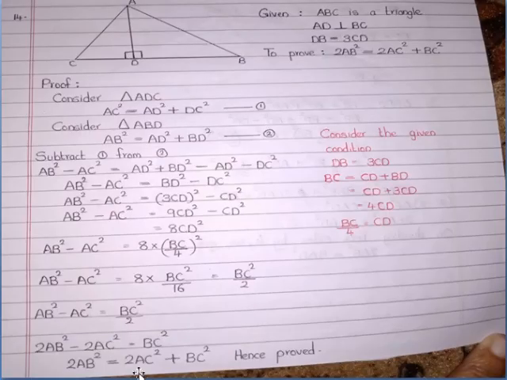We are using the same here. Instead of CD, we are writing BC by 4. 8 into BC by 4, the whole square. So 4 is also having this square. So 4 square is 16. 8 into BC square by 16. That is BC square by 2. This 2 is going to the left hand side. You have the statement that is to be proved here.